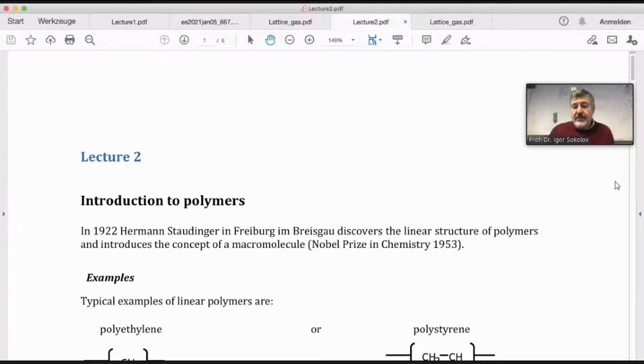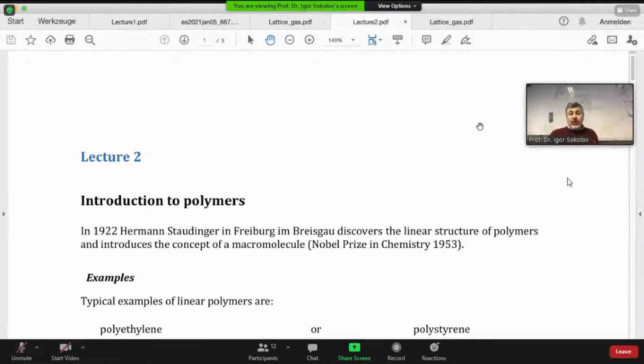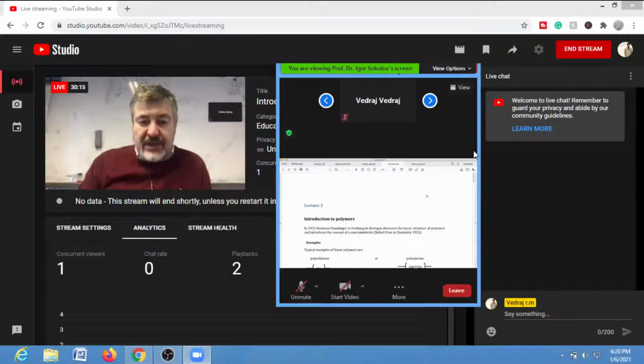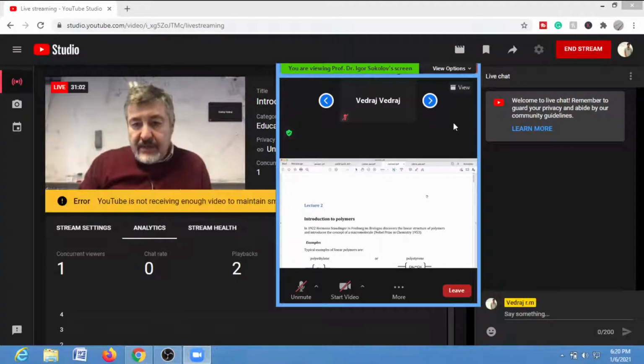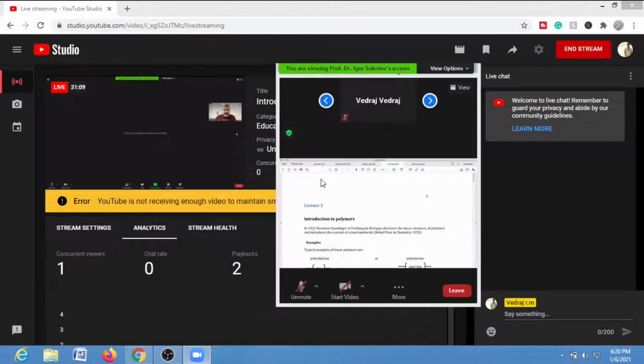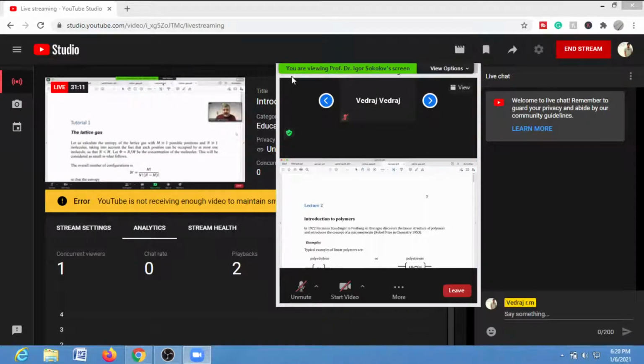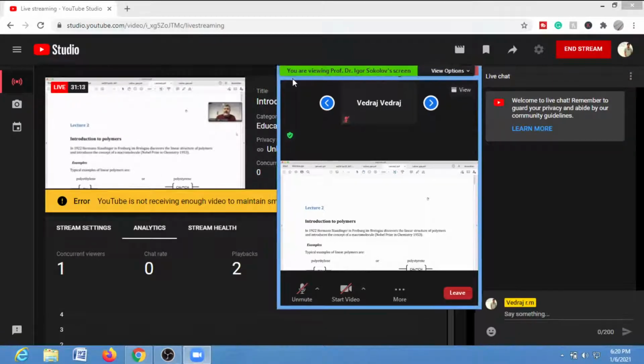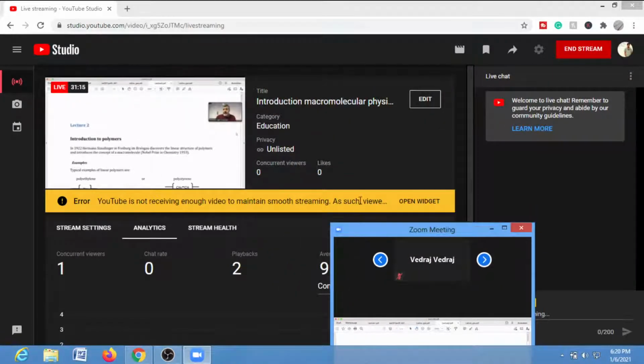So first let's simply talk about what polymers are. But this you know, and you know it better than me. Many years ago, even before I was born, Hermann Staudinger discovered that there exist materials whose building parts are extremely long molecules.